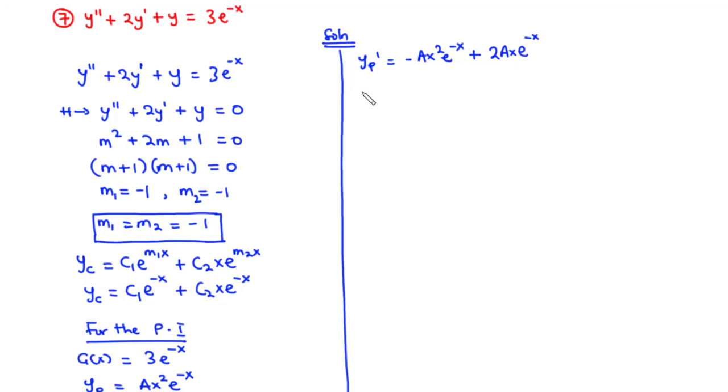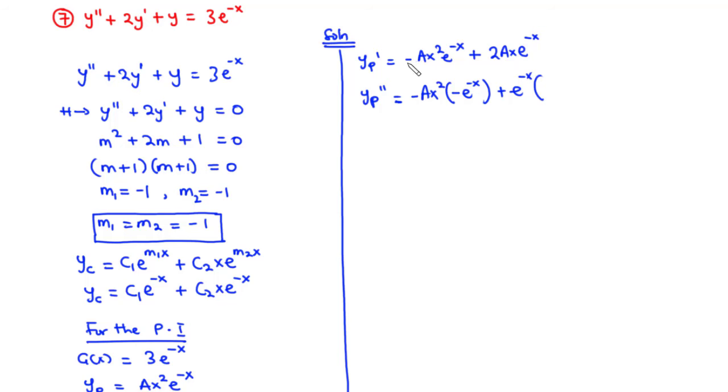Now for yp prime prime, you are going to differentiate this function. So first we select negative ax squared, we differentiate e to the power negative x. We have negative e to the power negative x plus we have e to the power negative x.